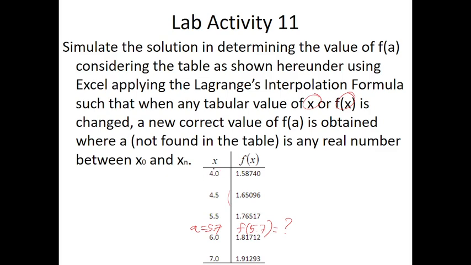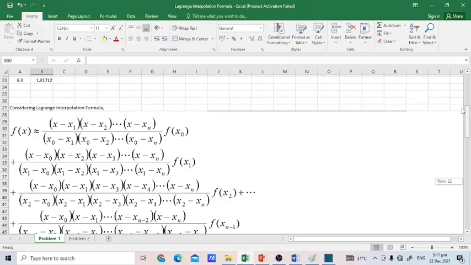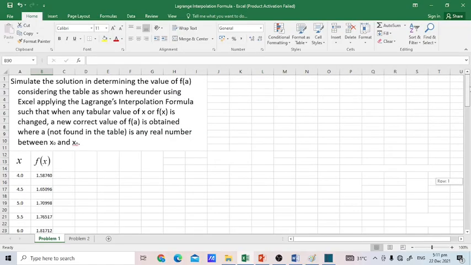Let's say I change this to 3, I will have a new correct value of f of a, which is f of 5.7. If I change this to 9, I will have a new correct value of f of a. So this is what you will do.